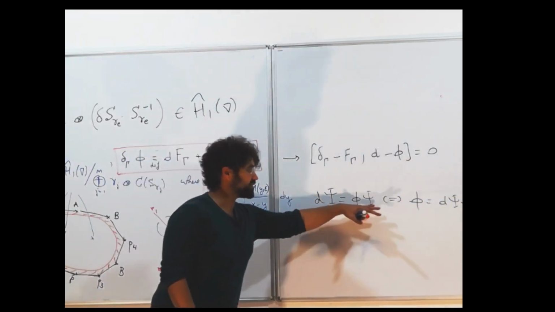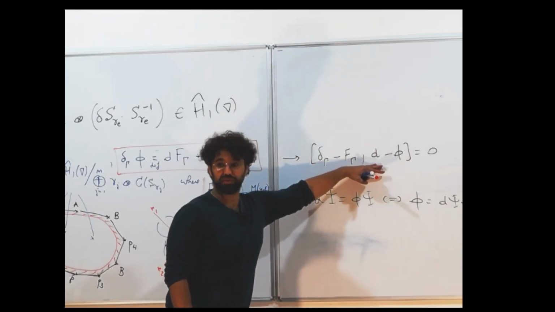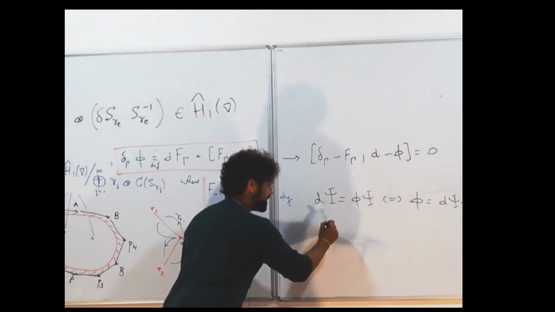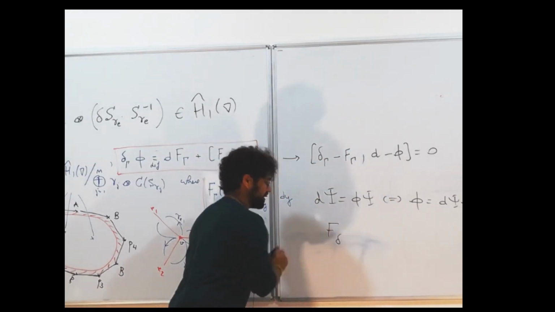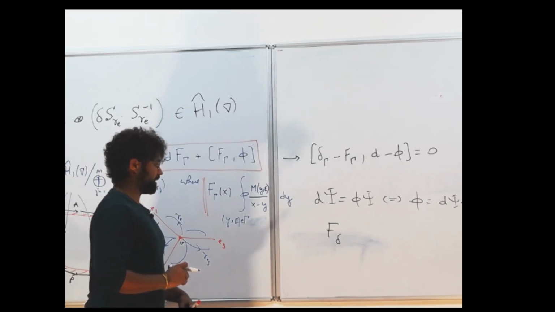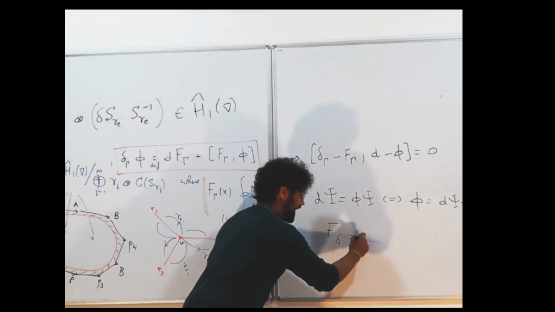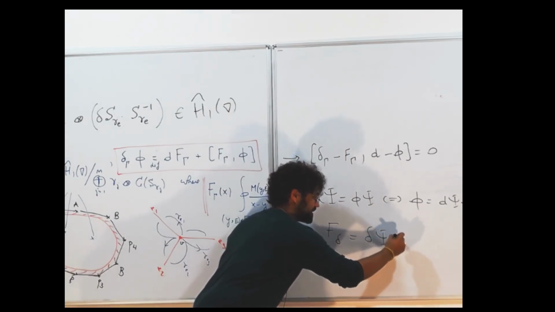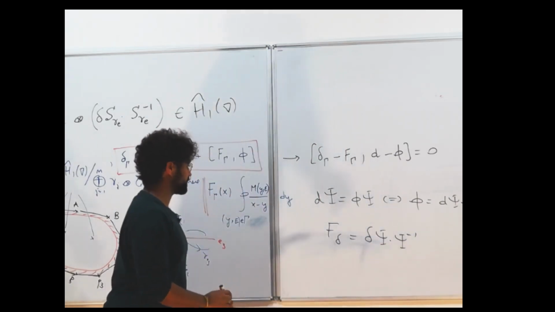Okay, so this tells you, since we're looking for an f that satisfies this zero curvature equation, that you want to define f of a certain deformation as del psi psi minus 1.